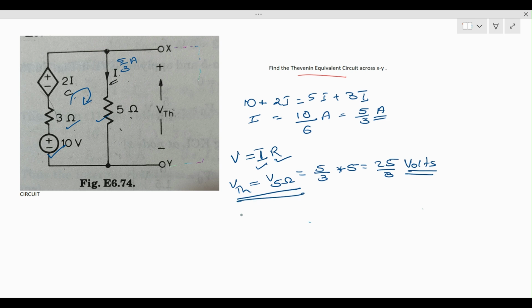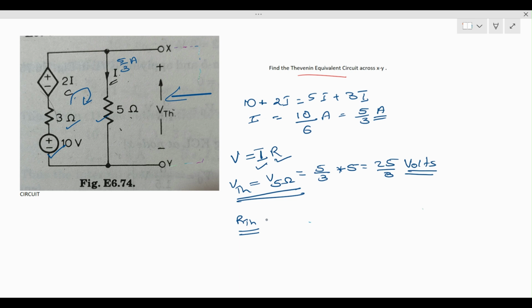The next part is we have to find R Thevenin. To find R Thevenin, we have to look from here and find the resistance. But here we have an inconvenient thing, which is a current dependent voltage source. So in this problem, I suggest one thing.